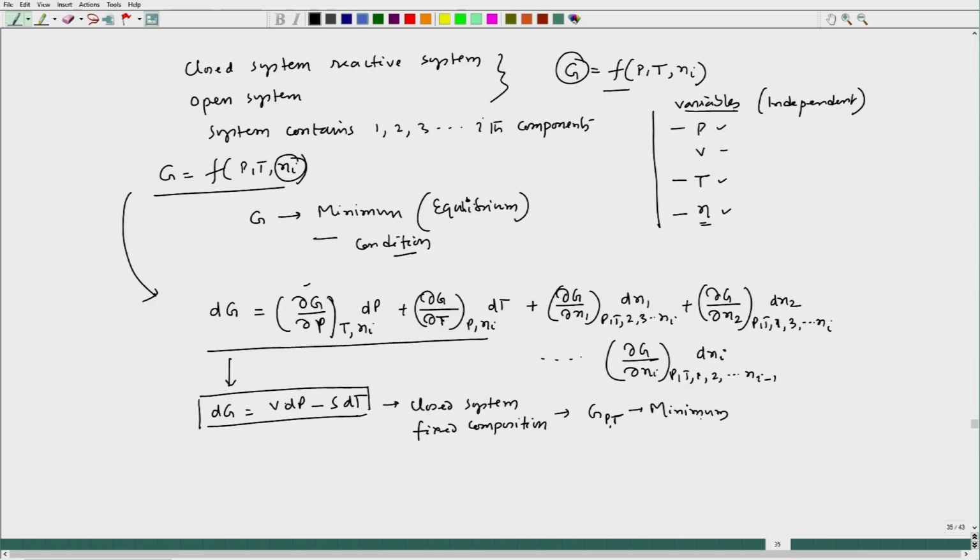Okay. So, now if I consider P and T to be constant, delta G would be equal to, all the other components are fixed, only there is a change with component 1.